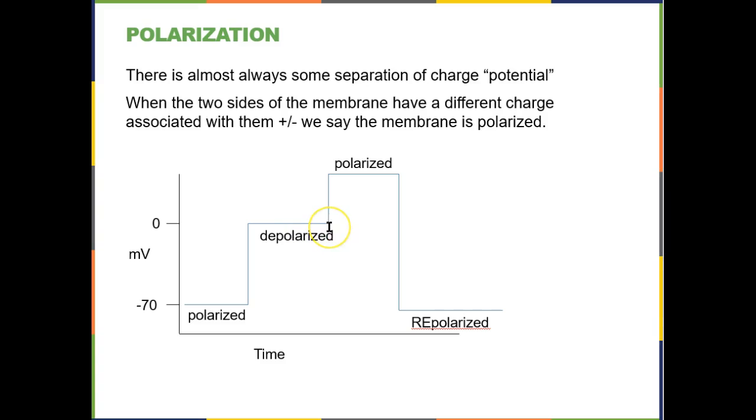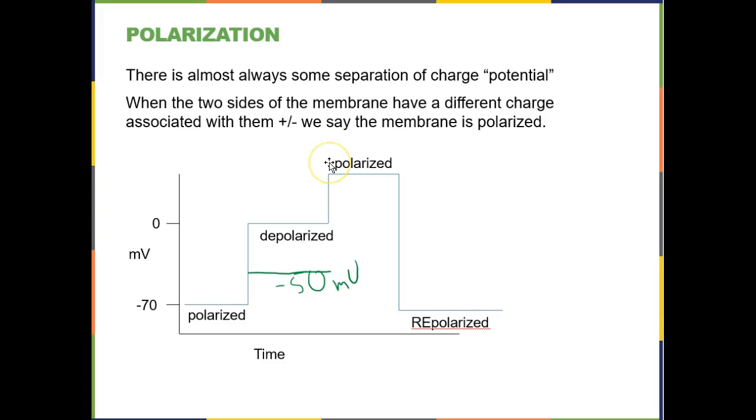So at zero, you are totally depolarized. If you move from negative 70, let's say, to negative 50 millivolts, we would still say that it is now somewhat depolarized. So anything closer to zero than your resting membrane potential is called depolarized.